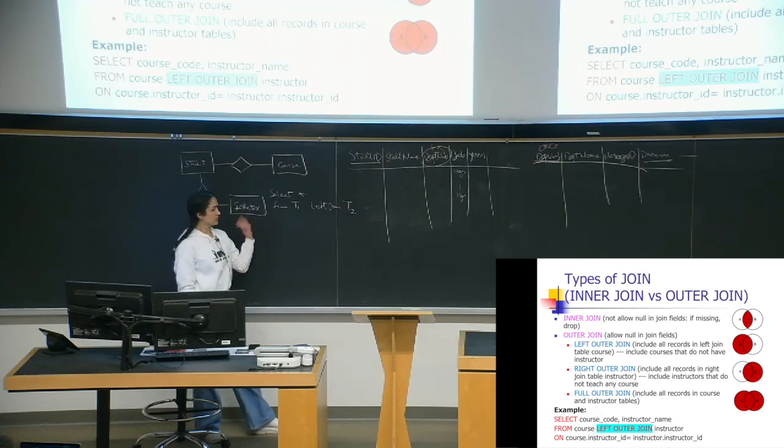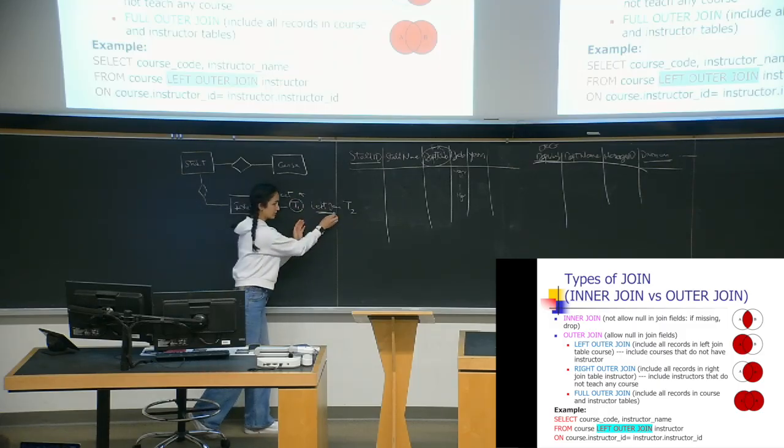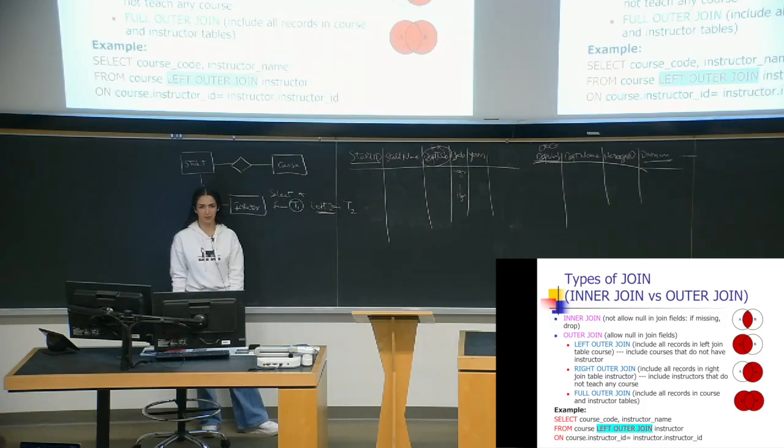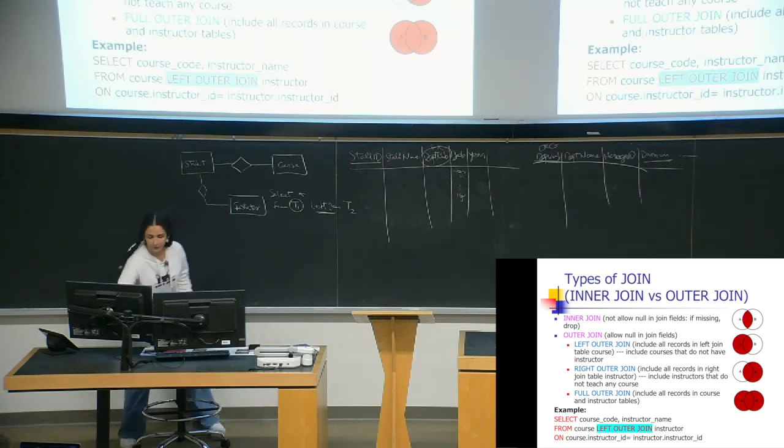Okay, which one is your left table? Table on the left, right? This one. So this is your join, this is right side, this is left side. So this is your left table, okay? So when I mention it, left join includes everything from the left table, this table, okay?